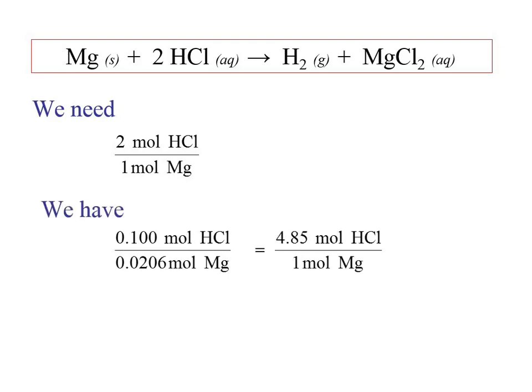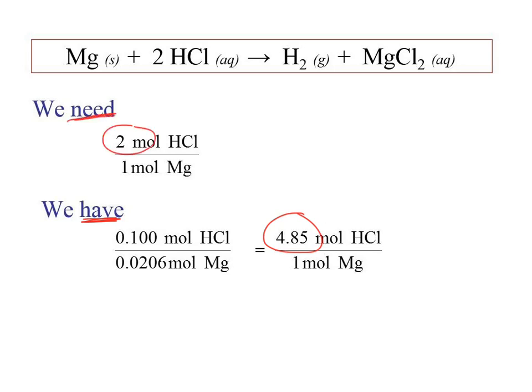If we go back to the previous slide, what we have is 0.100 moles of HCl for every 0.0206 moles of magnesium. So if we divide it out, what we have is 4.85 moles of HCl for every 1 mole of magnesium. This is where I kind of chant these back and forth. I say, well, we have 4.85 and we need 2.